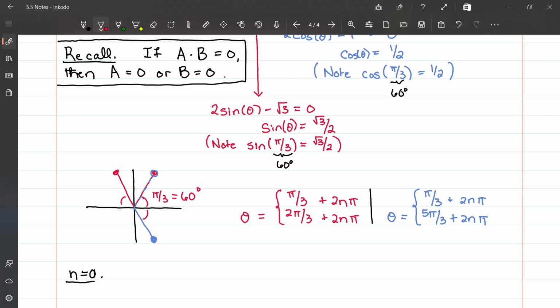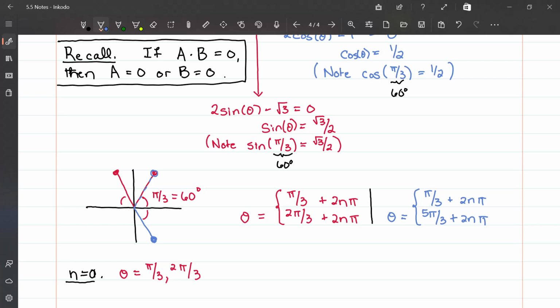So let's see, if n equals 0, which is probably the easiest value of n to begin with anyways, you'll notice in the red system we wind up getting theta is equal to pi over 3 from the first branch, and 2 pi over 3 from the second branch.